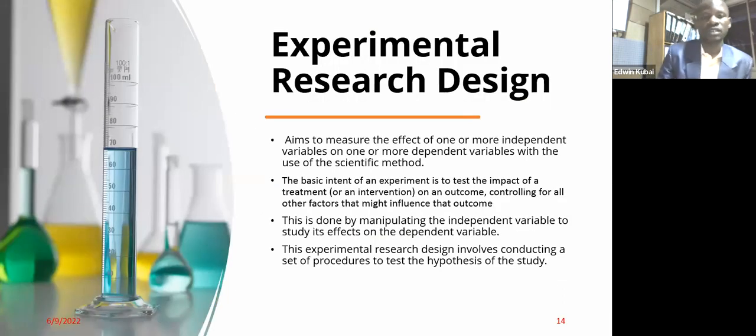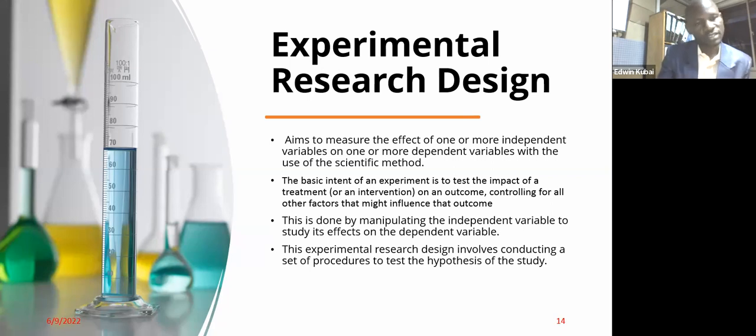Then the last one, as you have heard, is the experimental research design. This one aims to measure the effect of one or more independent variables on one or more dependent variables with the use of scientific methods. So it means here you must carry out the practical. It must be scientific. There are issues of accuracy.